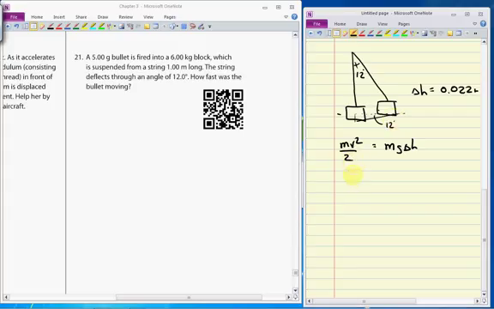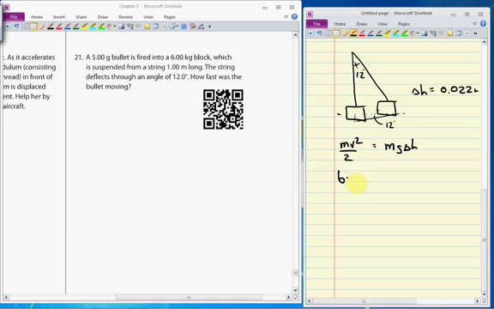mv squared over 2, we're told the mass of the block at the bottom. We can ignore the bullet. So when we do mv squared here, this m is not the bullet, remember, it is the mass of the block.